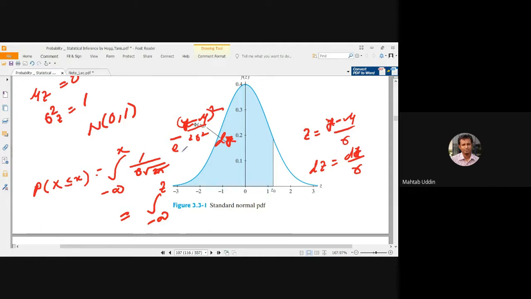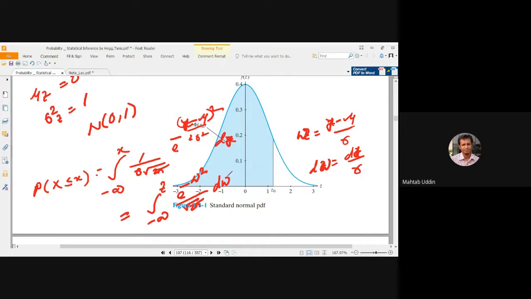So this is e to the power minus w square by 2, root 2 pi, dw. Okay.